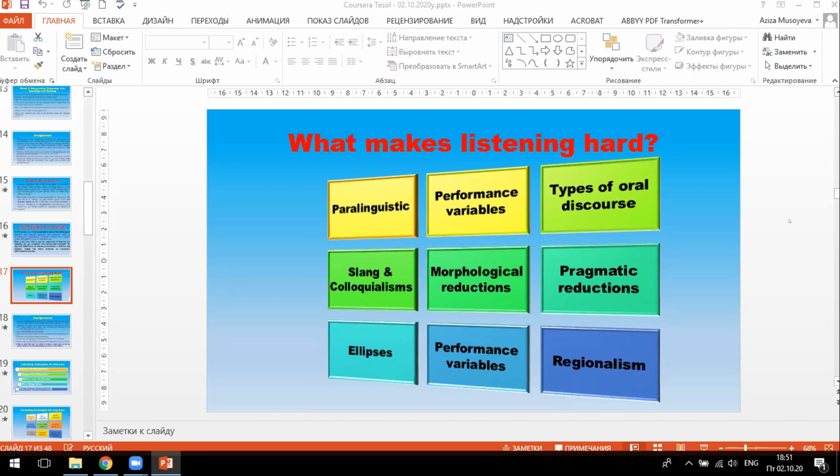So while listening, while perception, and when they perceive some information, when they produce the speech, every time step by step it will be better and better. So I think that there mustn't be any embarrassment, because when we had a training with one of the American teacher trainers, there was a question, what kind of pronunciation we should teach our learners.